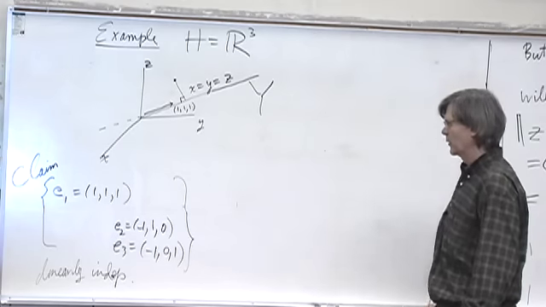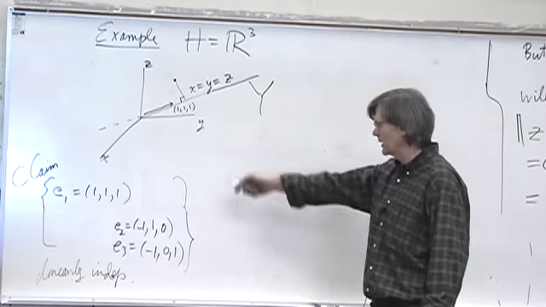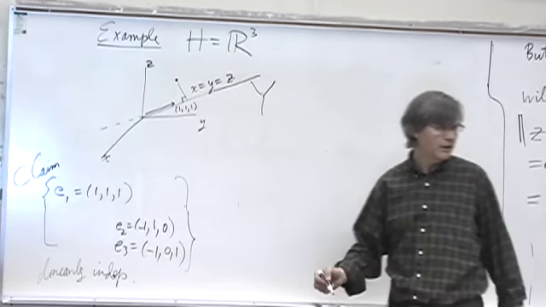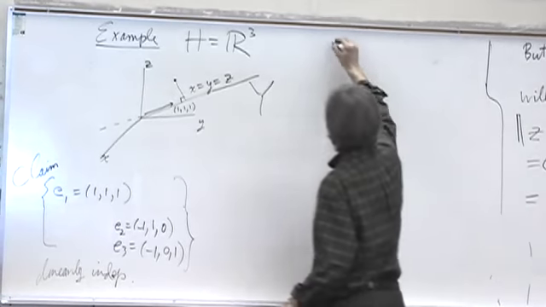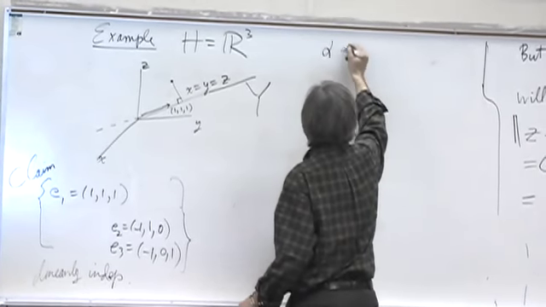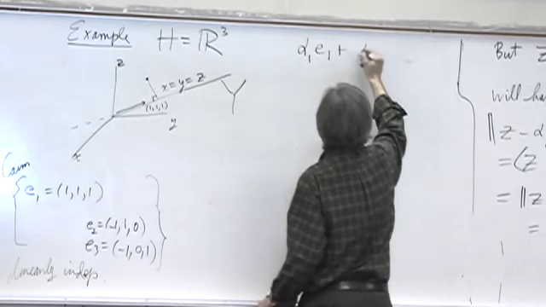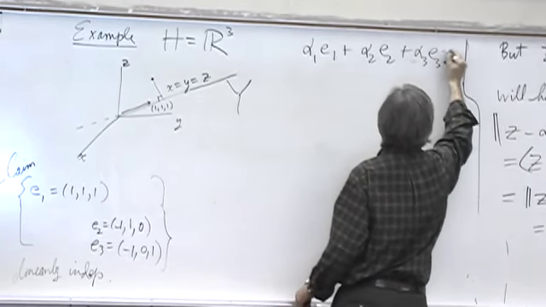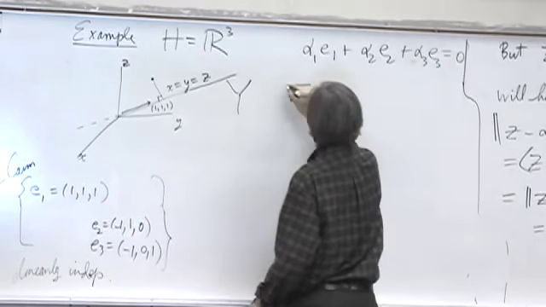We'll prove it a little bit more here. Claim that this is a linearly independent basis. How would you do that? You would take the linear combination alpha 1 E1 plus alpha 2 E2 plus alpha 3 E3, set it equal to 0. What does that imply?